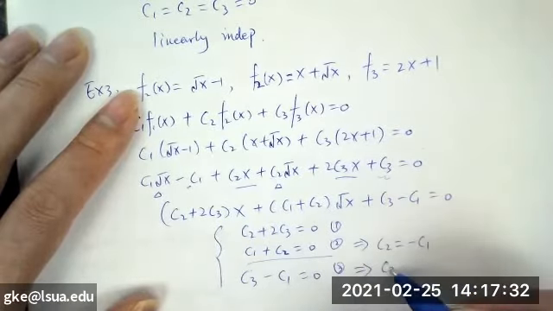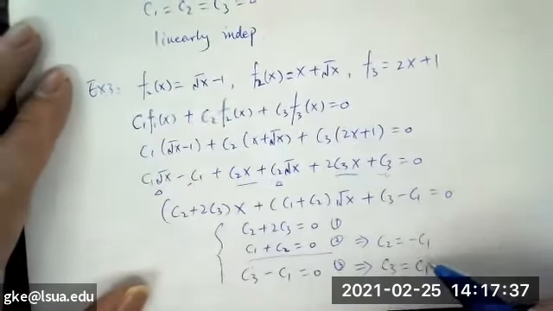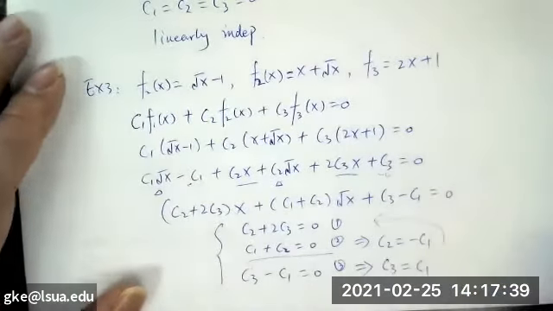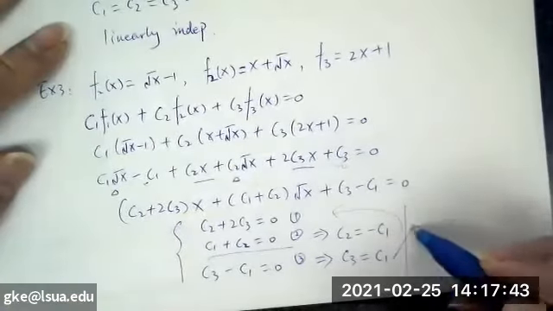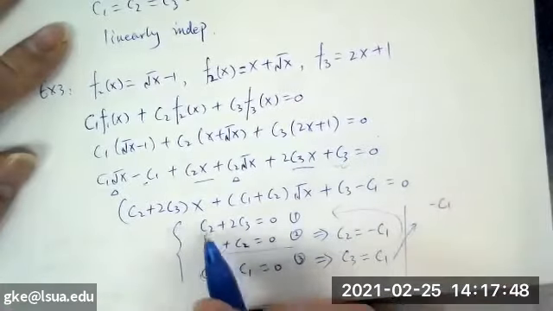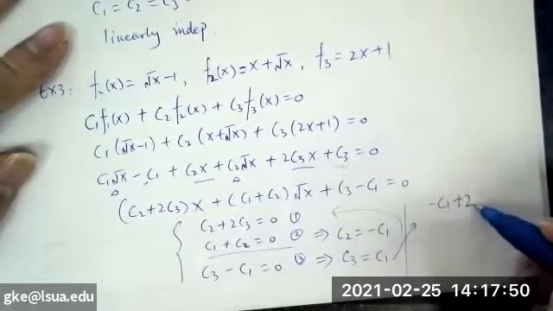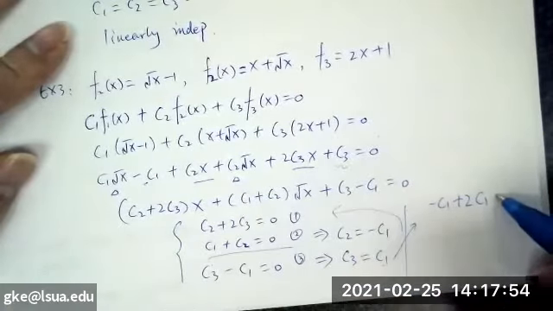From the third equation, we can say C3 equals C1. If we plug these two into the first equation, what are we gonna get? Negative C1 plus 2 times C1 equals 0.